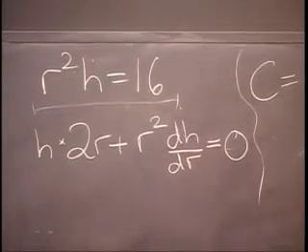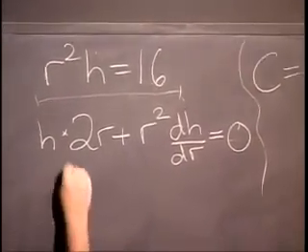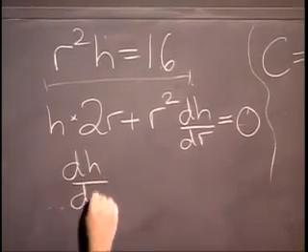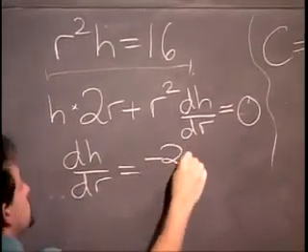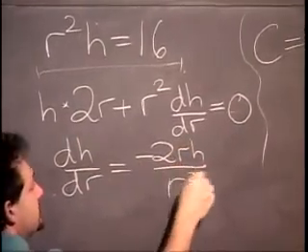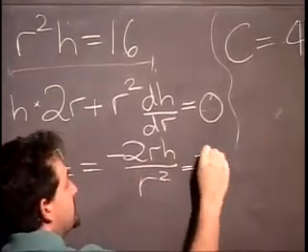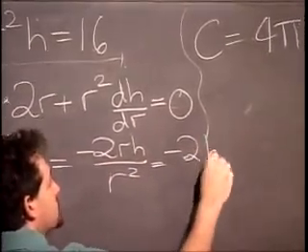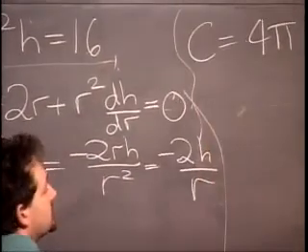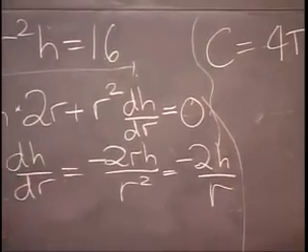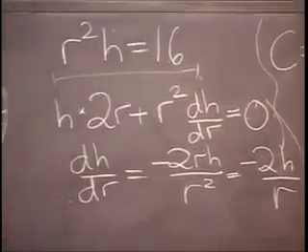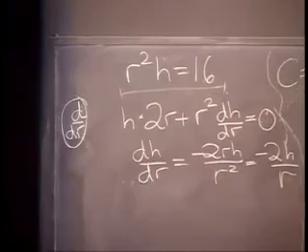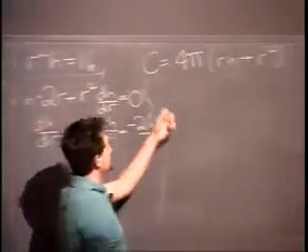So you can rearrange this and see that dh/dr is equal to minus 2rh over r squared, which is actually minus 2h over r. That's a valid equation for dh/dr.